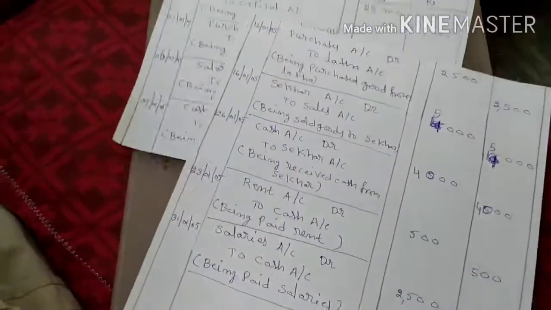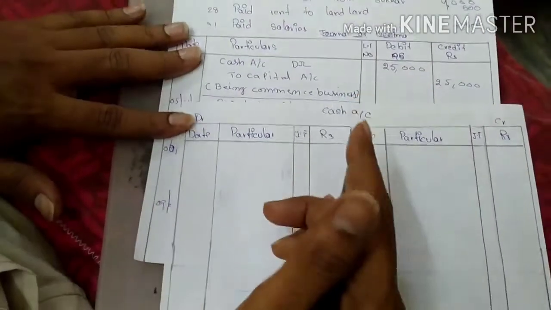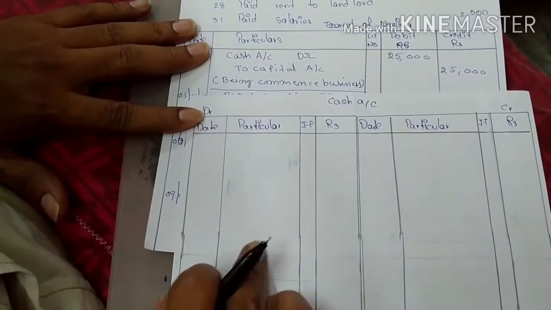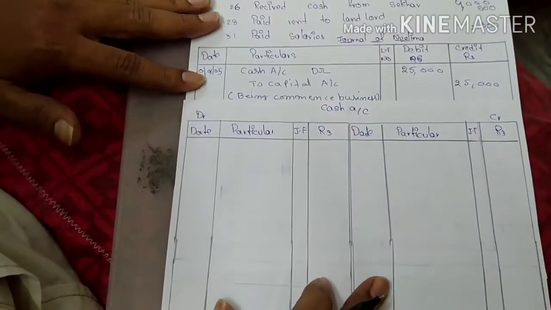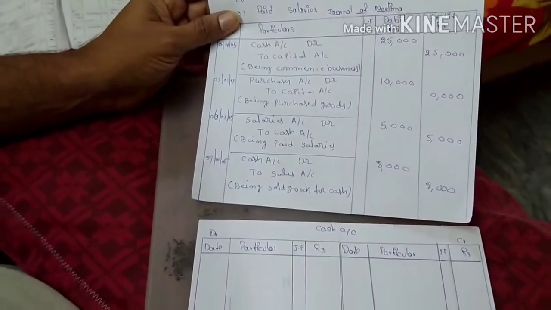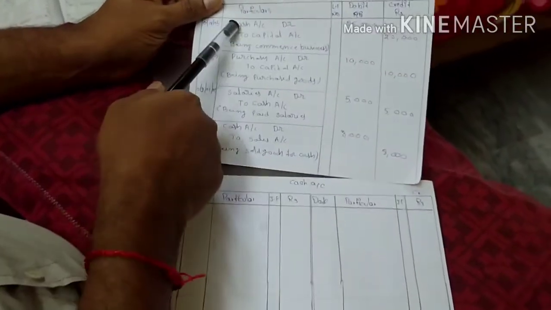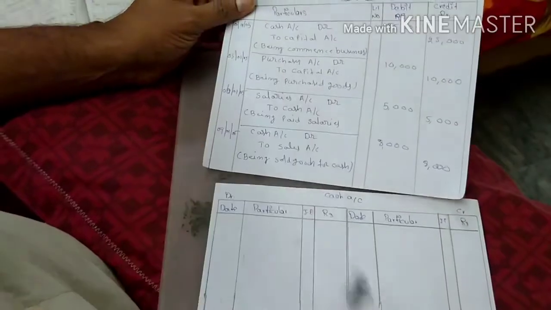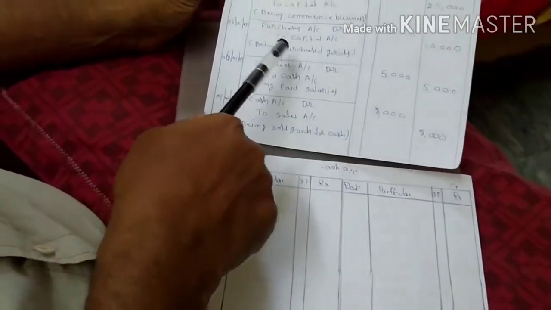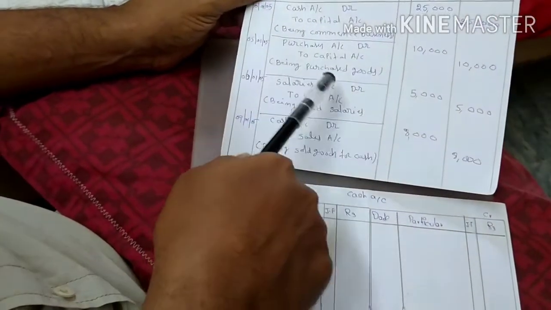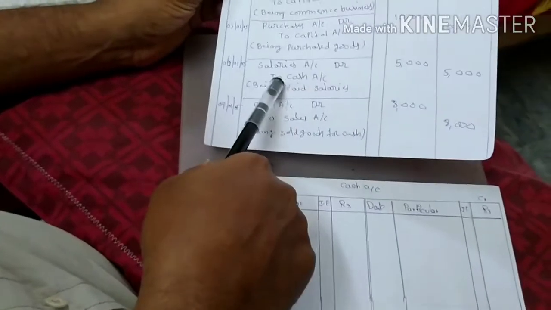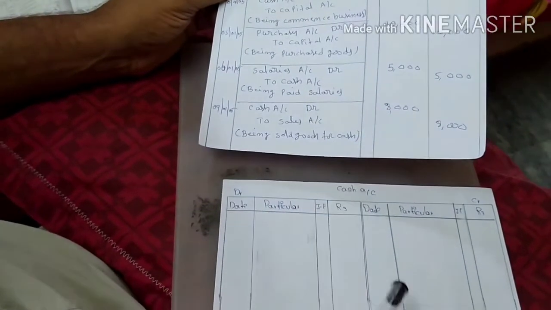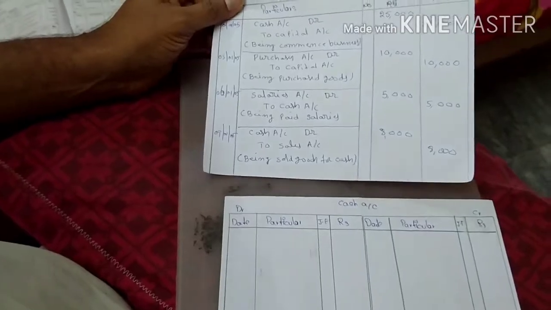This is the procedure to enter the journal. Here is the pro forma for the ledger account. For the ledger, we need to open a separate account for every account: one for cash, another for capital, another for purchases, and likewise one by one.